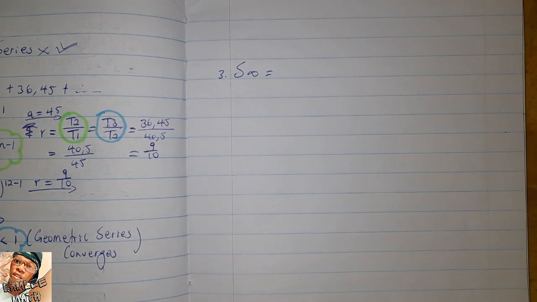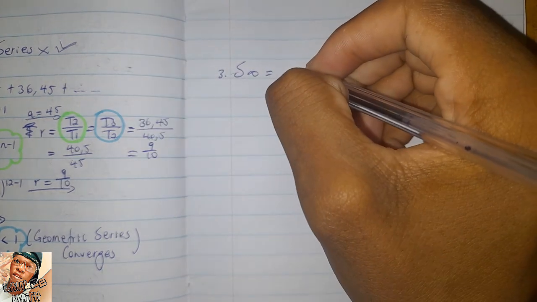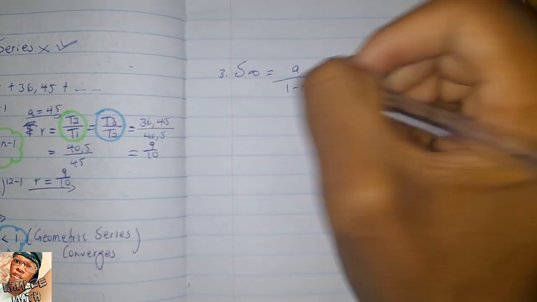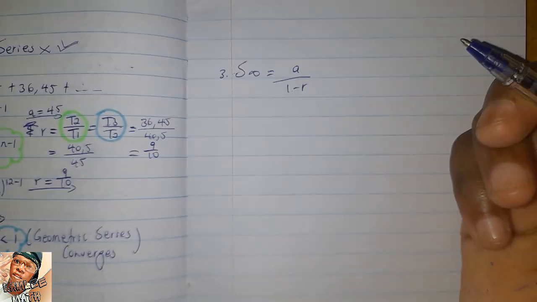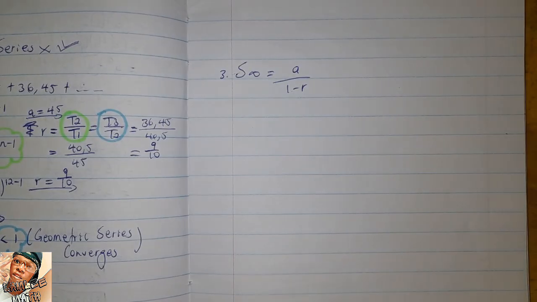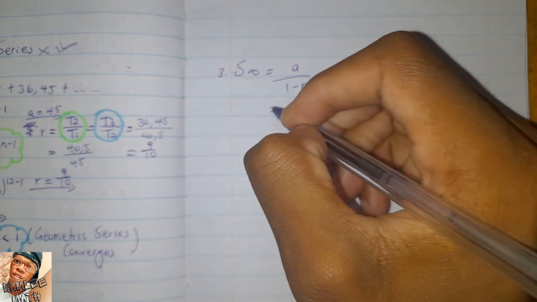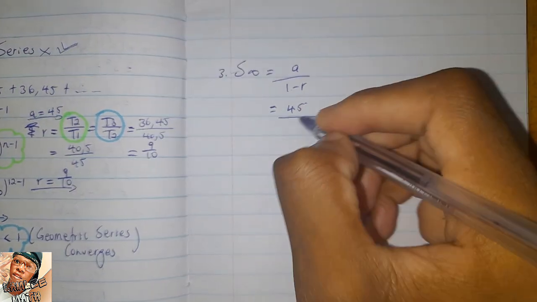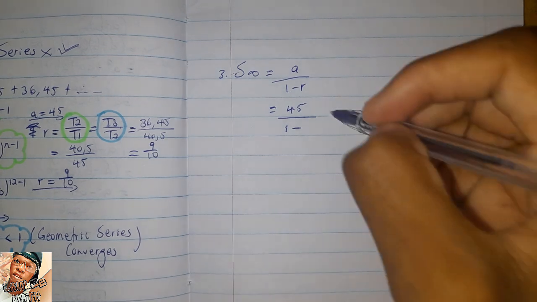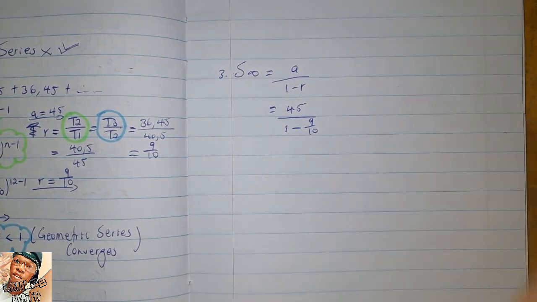There's a formula sheet that provides all the formulas you need. For sum to infinity, the formula is sum to infinity equals A divided by 1 minus R. Now we need the value of A and the value of R, and we substitute them. A is 45, and then 1 minus R. What is R? We have found out that R is 9 over 10.